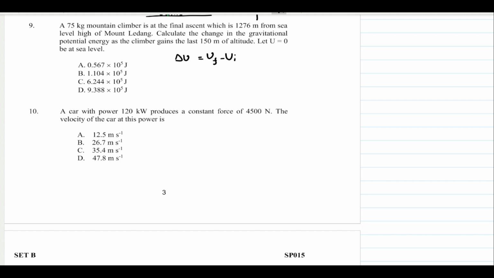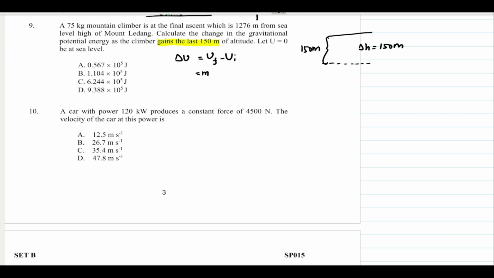So soalan suruh kita kira the change in the gravitational potential energy as the climber gains the last 150 meter in altitude. So maknanya bila perkataan gains the last 150 meter means that height daripada one point to another point. So this is 150 meter. So delta H is equal to 150 meter.